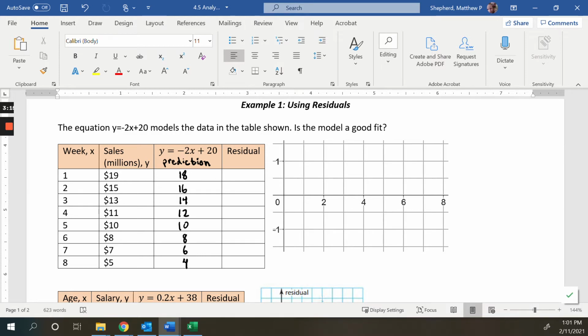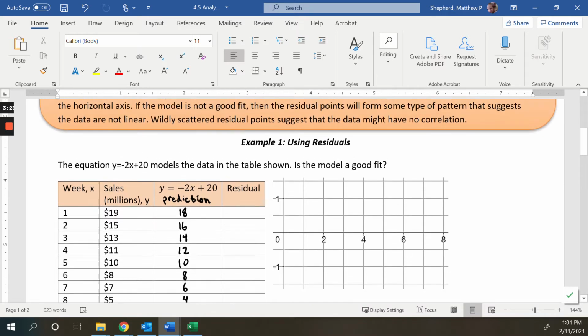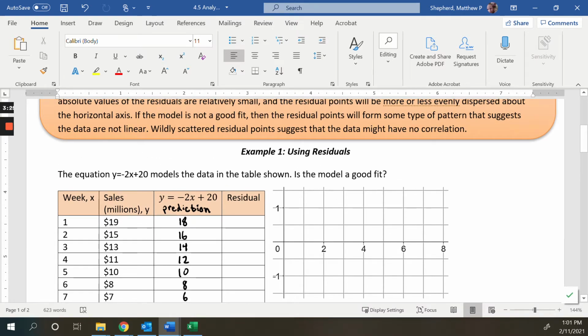All right, so next, our residuals are going to come from subtracting the predicted point from the actual point. So we're going to take the actual point and subtract the predicted point.